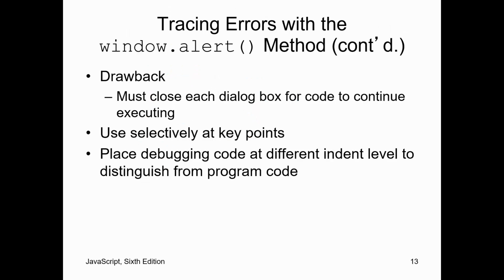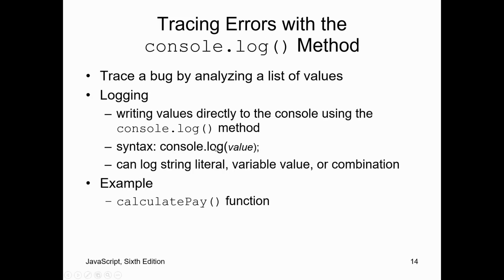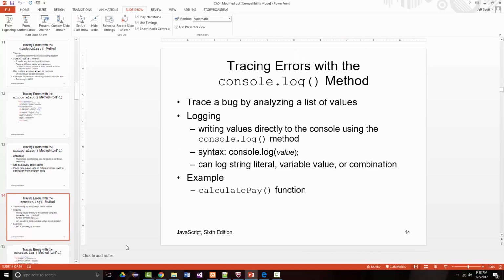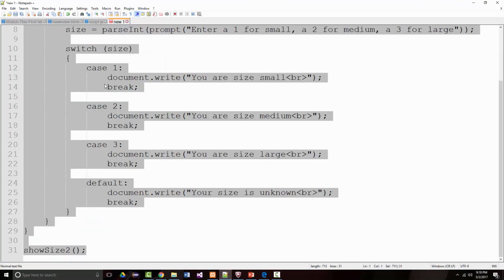All right, when you use alerts, you have to close them all the time. That's kind of tough, kind of a pain. You should use them selectively. You can have console.log. Maybe you've seen this, maybe you haven't. But let's go back to our program that we had here, this one.